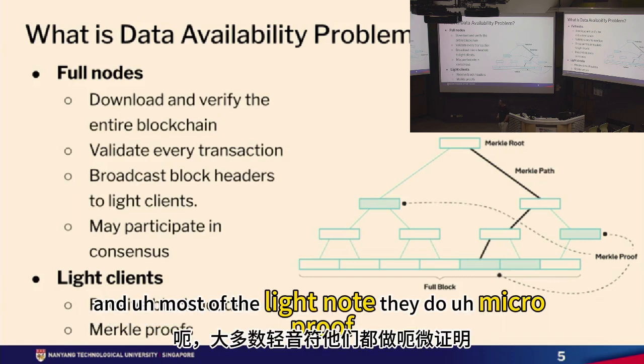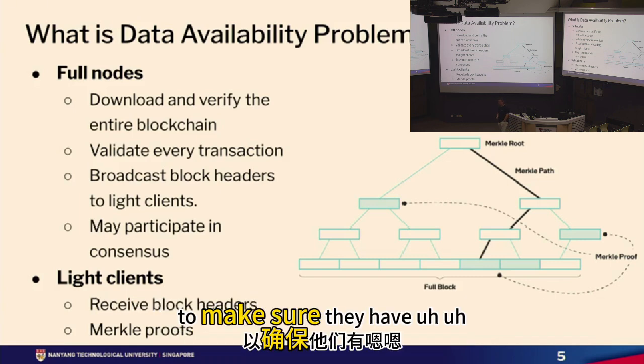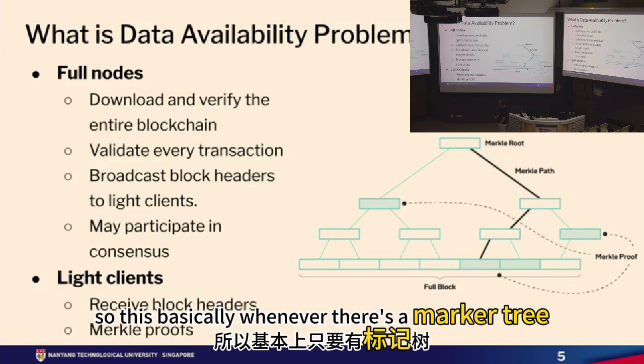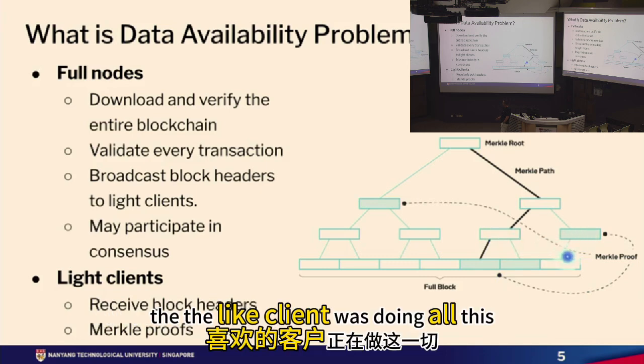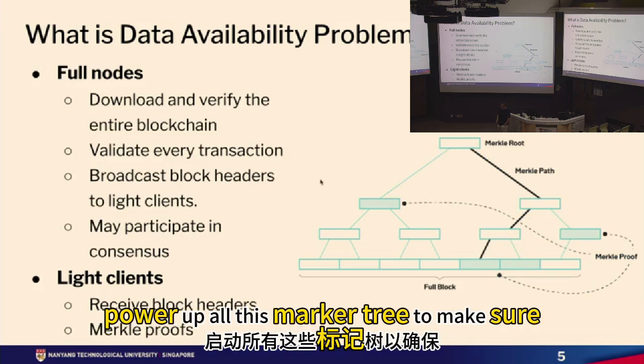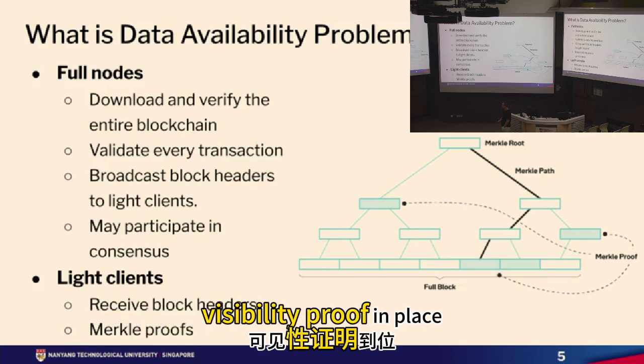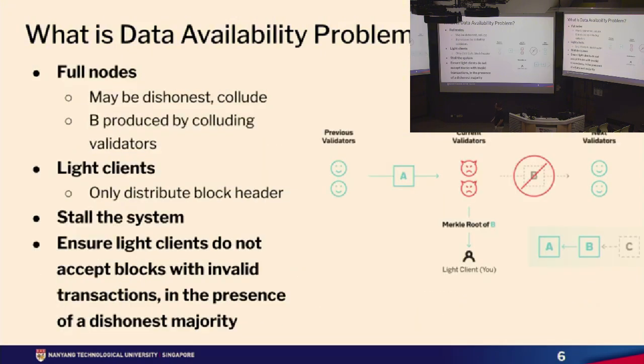Most light nodes do a Merkle proof to make sure they have valid data available to access. Whenever there's a Merkle tree, the light client uses it to make sure they always have the latest data validity proof in place.